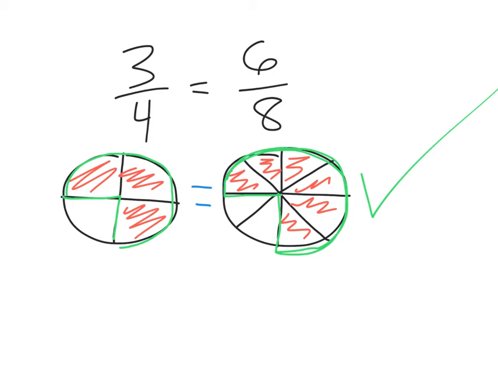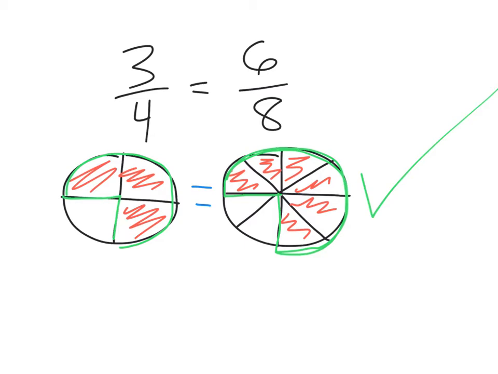That means they both represent the same amount: 3 out of 4 slices of a pizza, versus 6 out of 8 slices of the same size pizza, are the same amount of pizza being represented. That's just giving you a visual example, but am I going to have to draw pizzas every single time to determine if this is a proportion? Absolutely not.